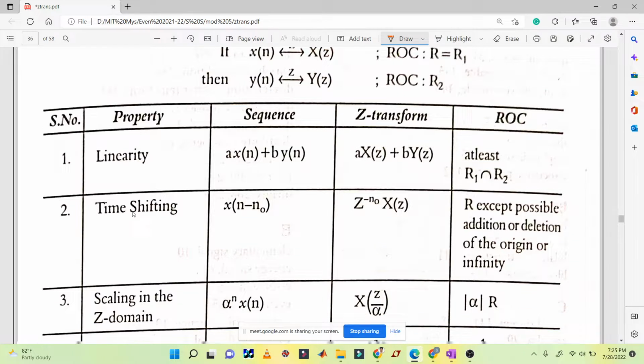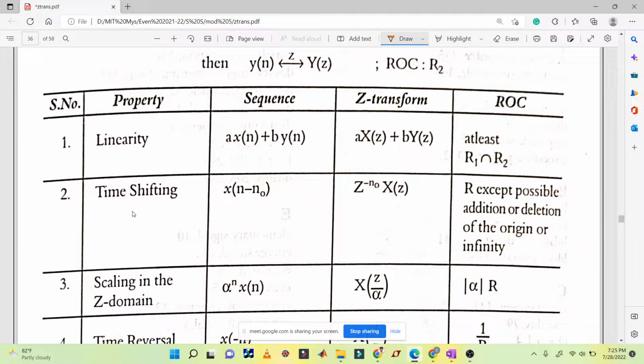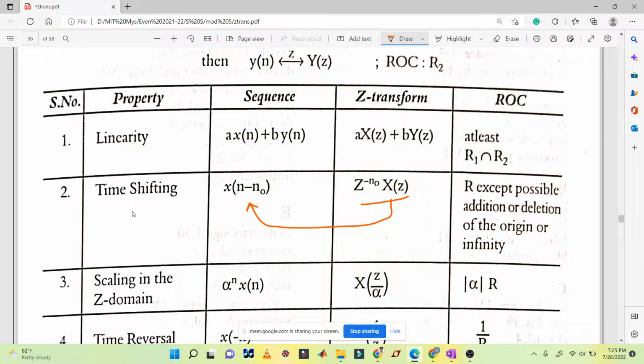Now properties also we need to understand. If this is given, directly you can write this as your inverse Z transform. So first go by the definitions. Linearity property, this is the sequence, this is the Z transform. Time shifting is nothing but multiplication by Z to the power minus n naught.